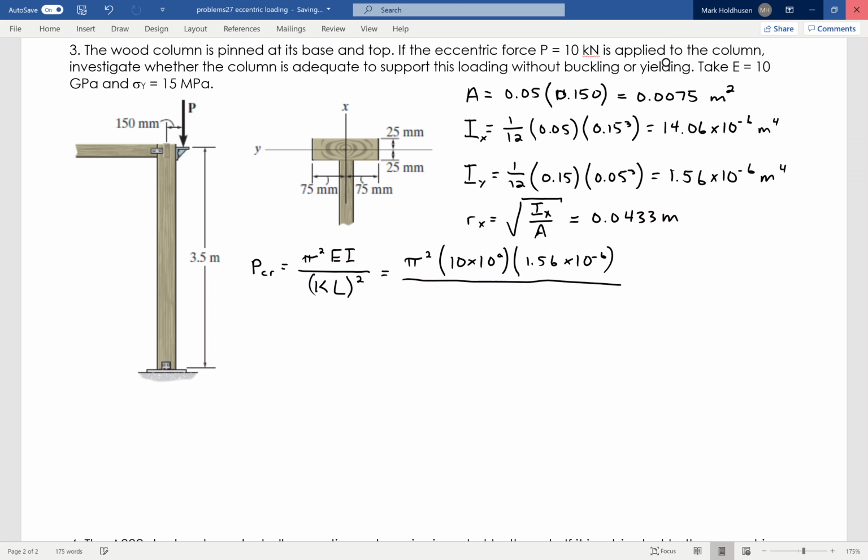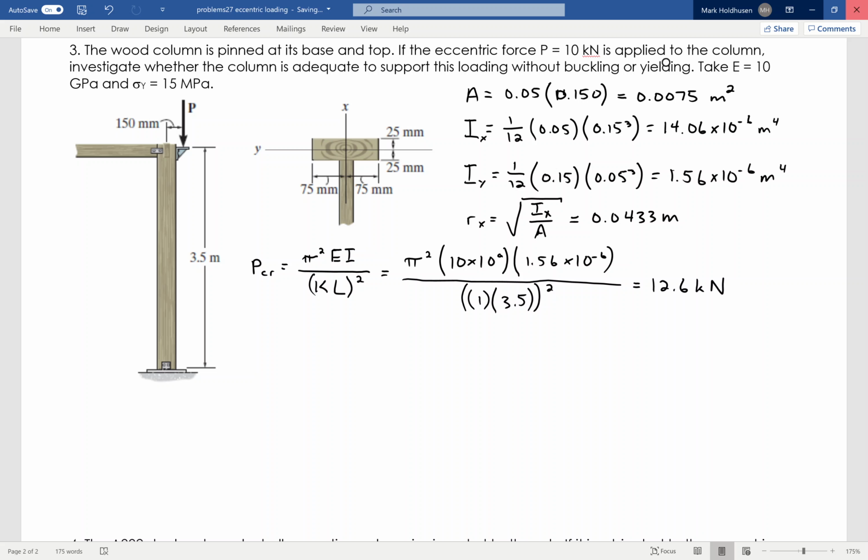This guy is pinned. So K is 1. L is 3.5. Square that whole thing like that. And from that, I get that the critical load is 12.6 kilonewtons.